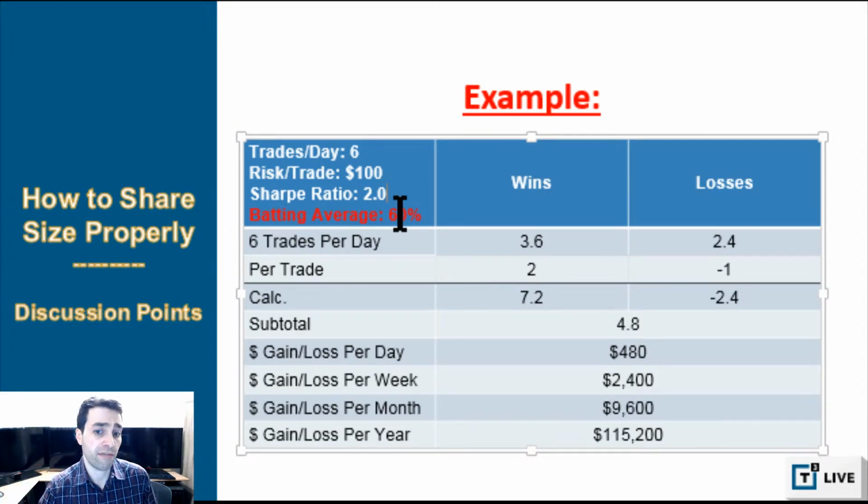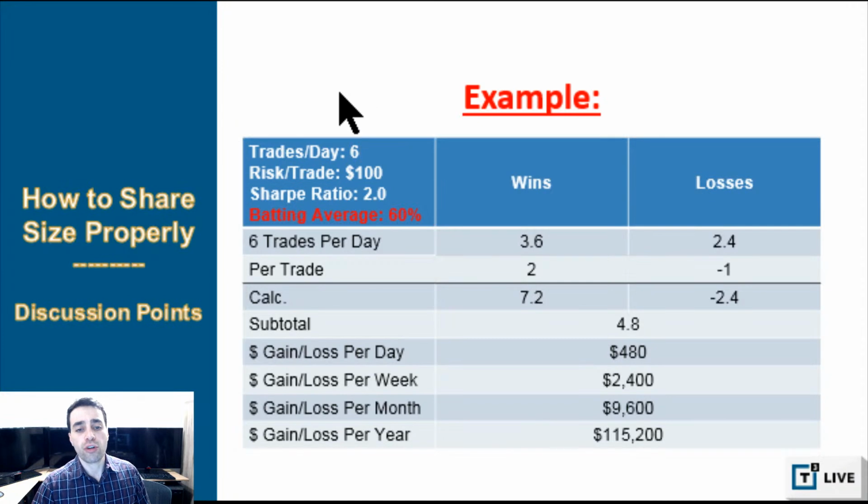Your batting average is going to suffer, and your number of trades per day, or by insisting on having a really high batting average, you might not find 1 trade a day or 1 trade a week. So that's the thing. The trick is to find that balance where you're not emphasizing one at the expense of the other. That's the trick.